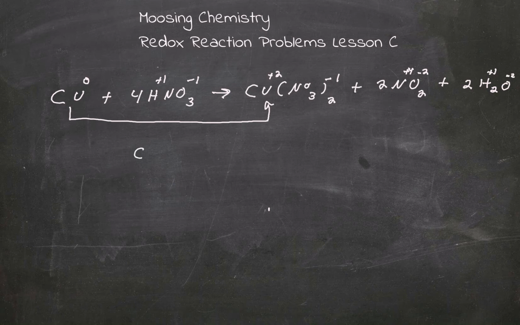So what's happening is you have neutral copper degrading into copper +2, right? So it's losing 2 electrons. So this is losing electrons. Lose electrons, oxidize. So copper is oxidized. So this is called oxidation.